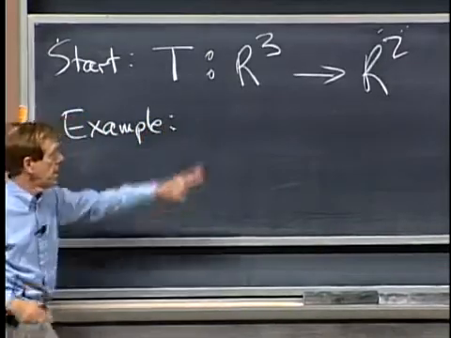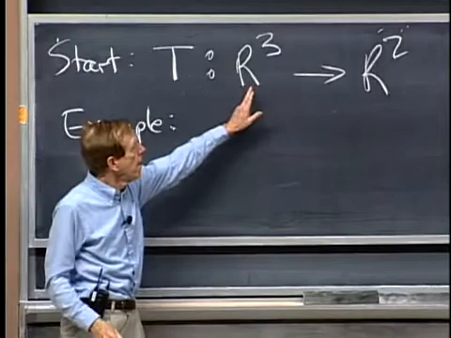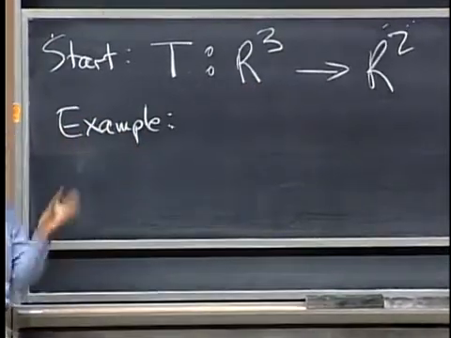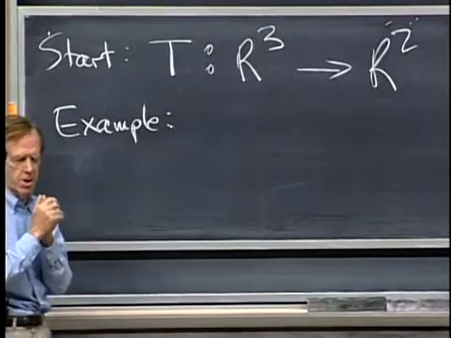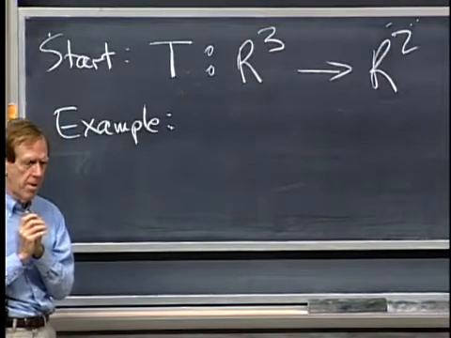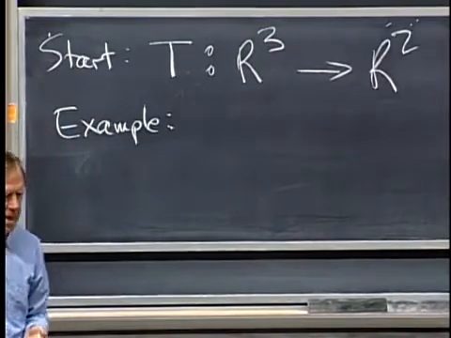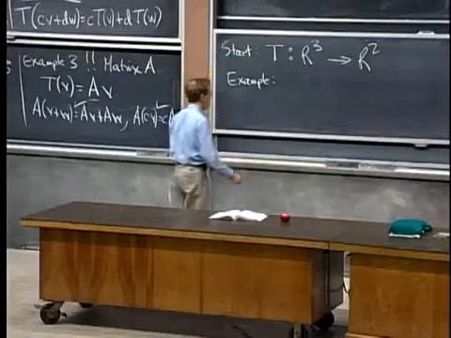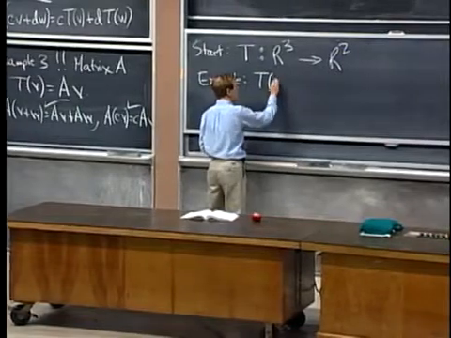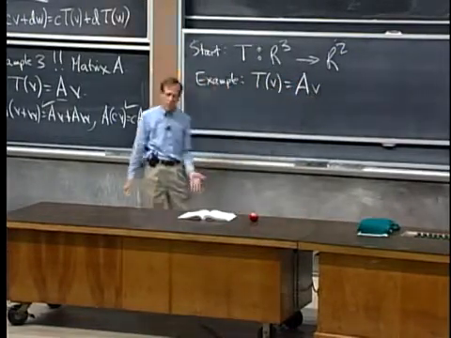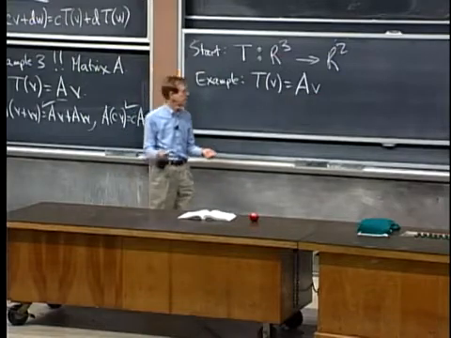I'm thinking of transformations that take three-dimensional space to two-dimensional space. And I want them to be linear, and the easy way to invent them is a matrix multiplication. So example, T of V should be any AV. Those transformations are linear. That's what 1806 is about.